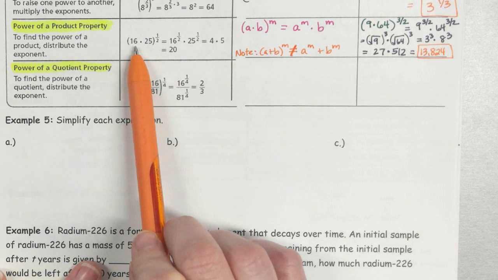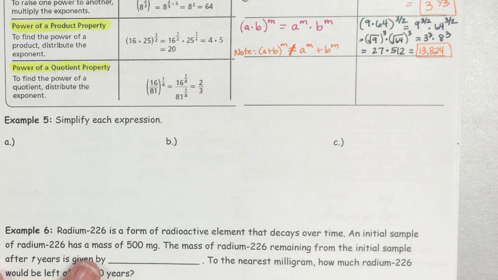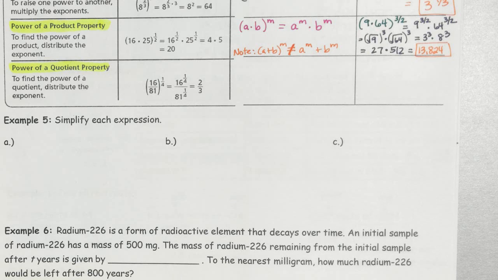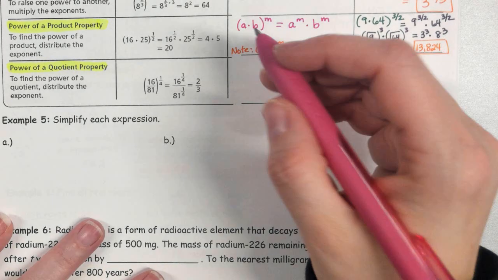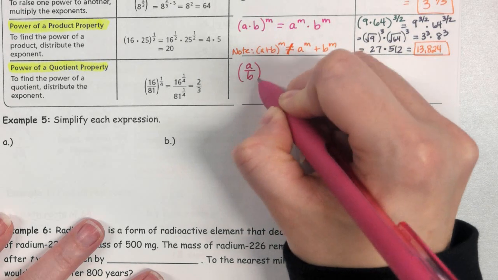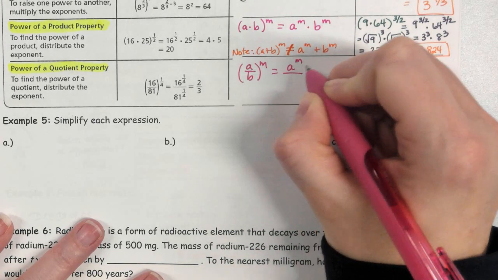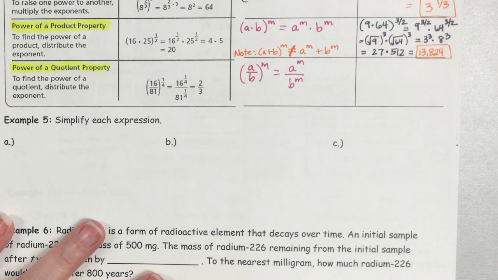Instead of multiplying 16 times 25 and doing the square root of that, we can break it up into more manageable pieces. And then of course, when you're dealing with the quotient, you're dealing with your fraction. So if you have a over b to the m power, this is where you distribute to the numerator and to the denominator.